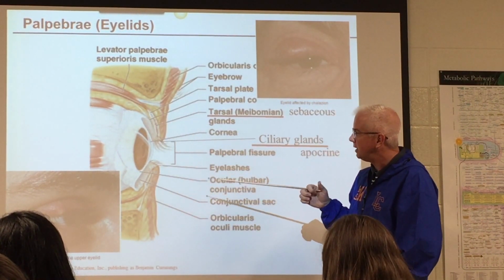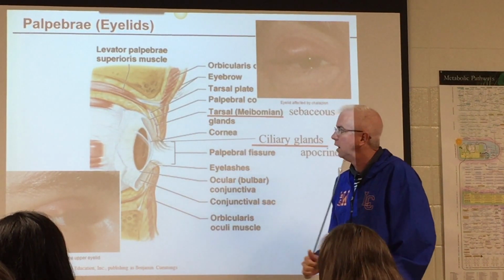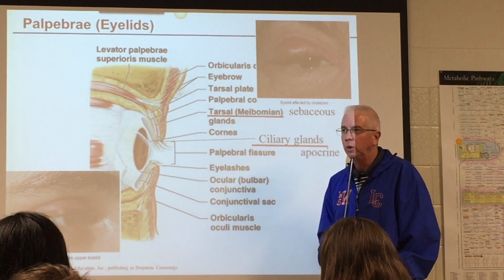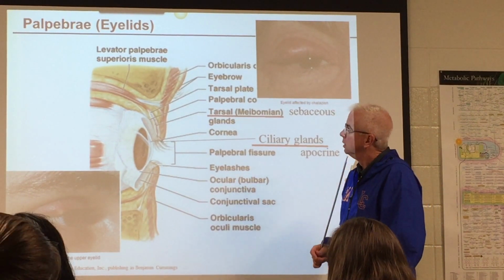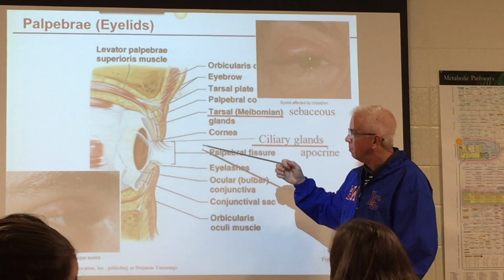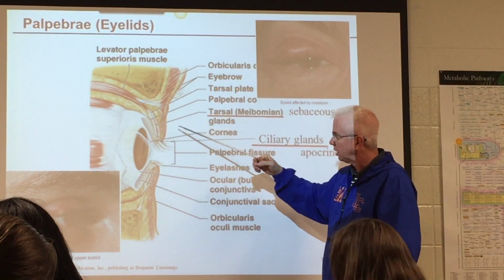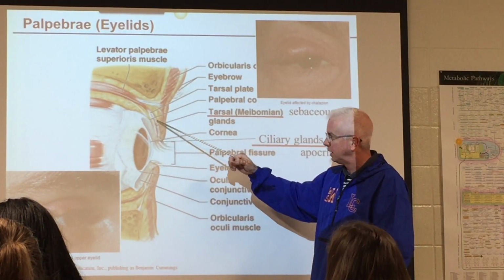Now, I didn't mention this to you guys in the fall, but there are a number of ways that you can create problems with keeping the upper eyelid open. So we know that this is a skeletal muscle, keeping the eye open, but there is also a band of smooth muscle. Here, this points to this pink area here, and this is actually slightly mislabeled.